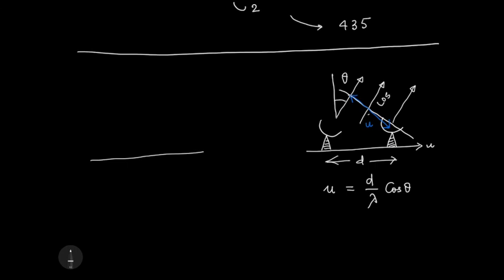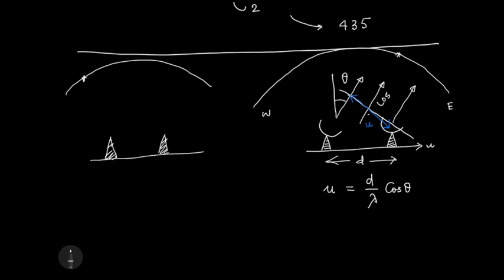Obviously, as the time progresses, so say I'm looking at a source here, the source is moving along the hemisphere from rise and set. So this is east, this is west. So let me draw it again. So source now is here. My antenna stay at the same place. Their physical distance in the ground remains d, but now it is looking at the source which is in this direction.